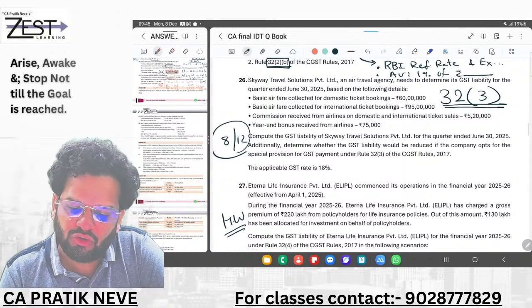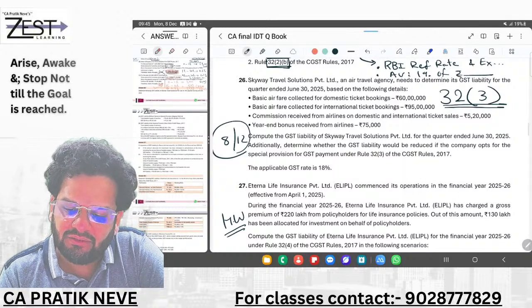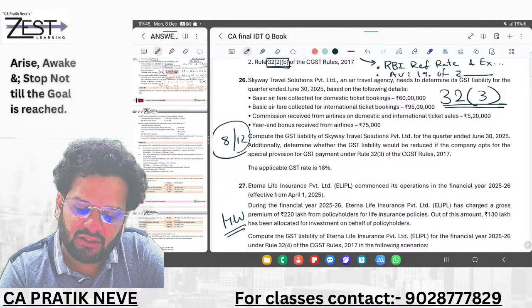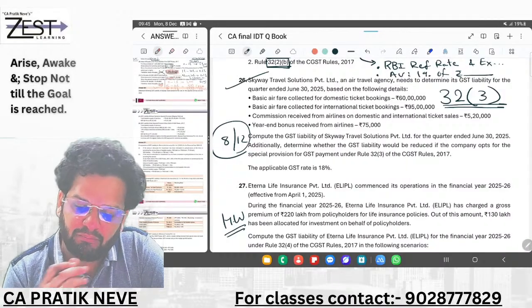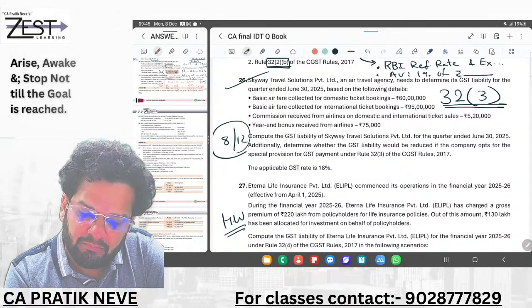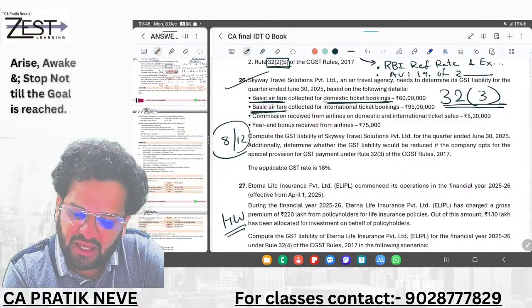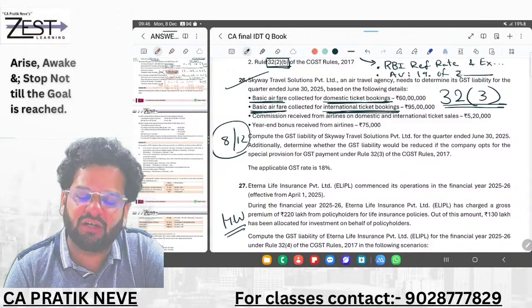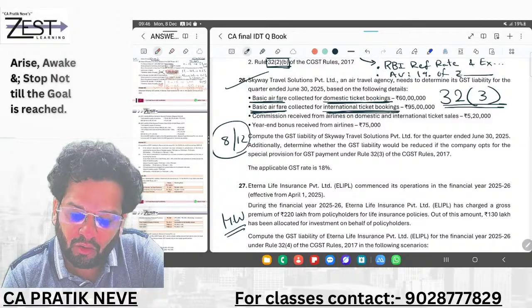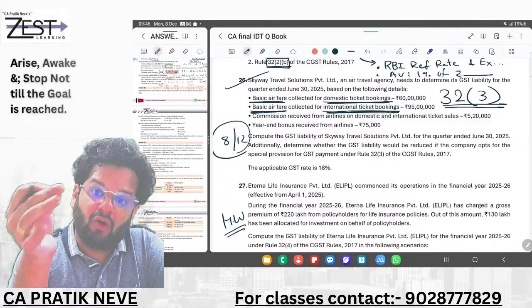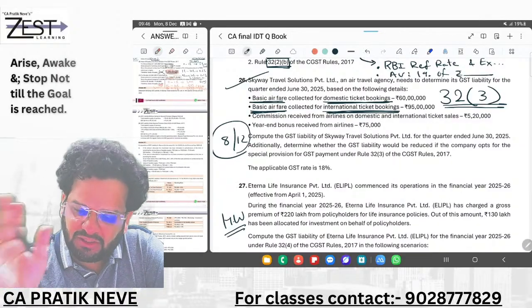Skyway Travel Solutions Air Travel Agency needs to determine its GST liability for the quarter ended 30 June 2025 based on the following. Basic airfare for domestic bookings is given. Basic airfare for international ticket bookings is given. Okay, so on that basis we will do it as per 32(3).